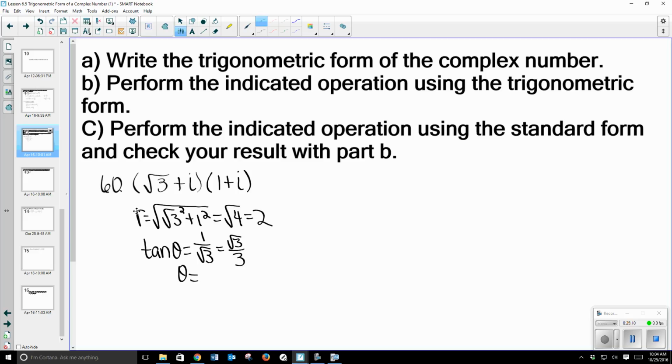And where is the angle root 3 over 3? Which quadrant are we in? We have positive and positive, so we're in quadrant 1, right? So where is it root 3 over 3? At pi over 6. We can work with degrees or with radians.